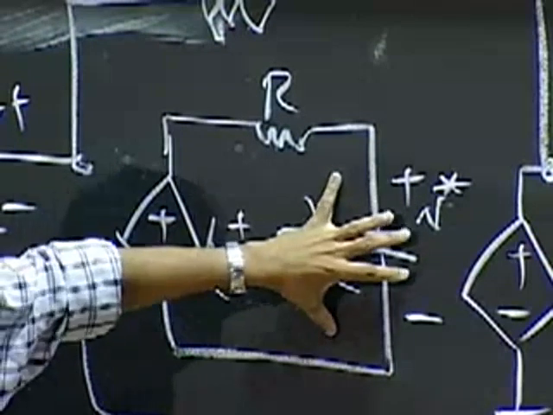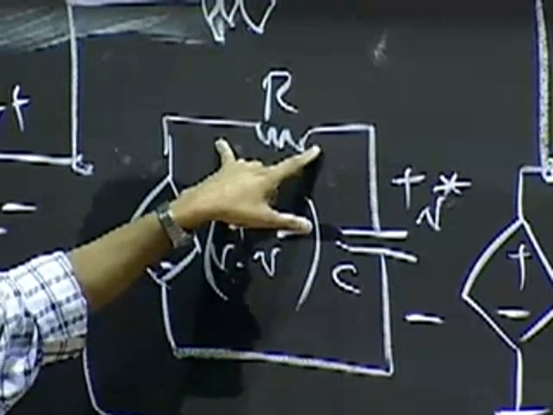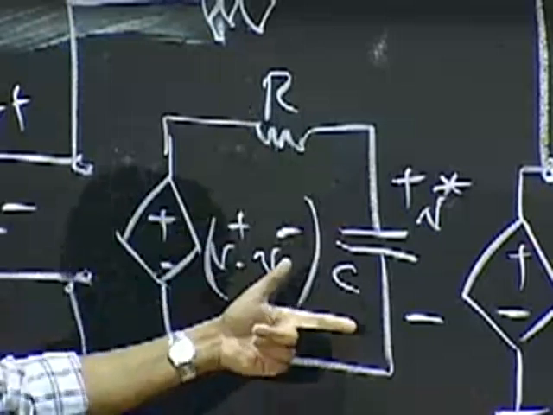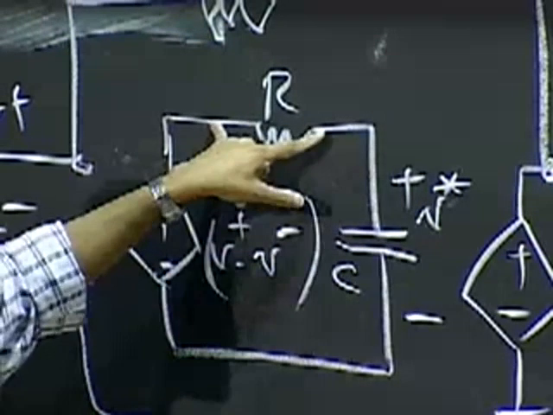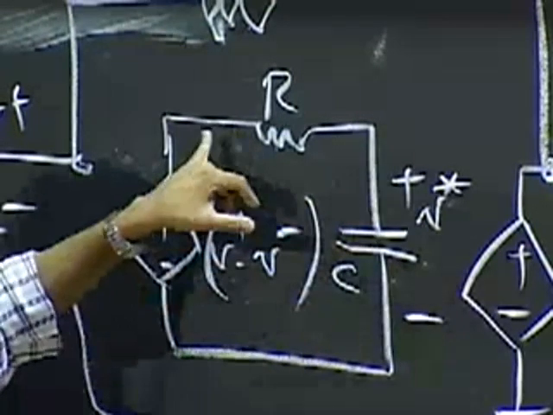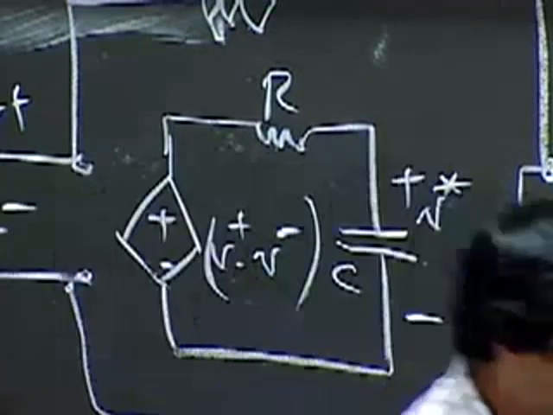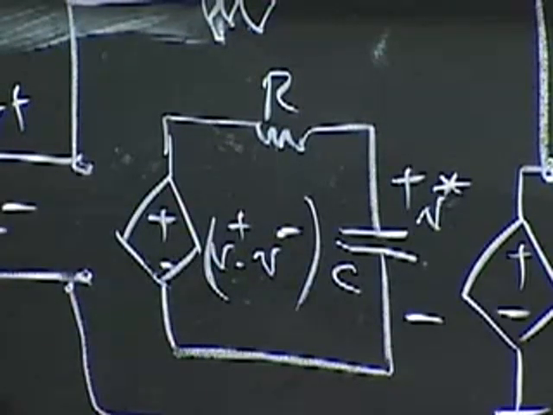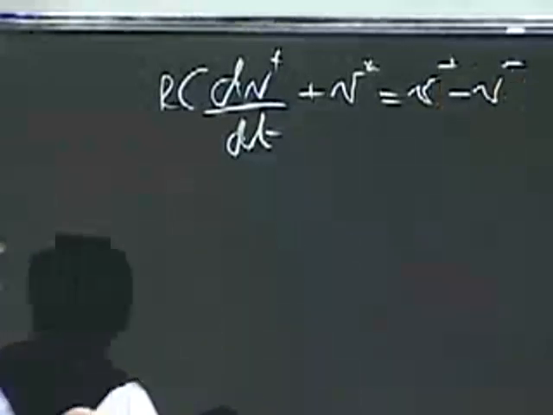The voltage across the capacitor is V star. The voltage across the resistor is the current through the capacitor, C dV star/dt, times R. So V star plus RC dV star/dt is equal to V plus minus V minus. So RC dV star/dt plus V star is V plus minus V minus.